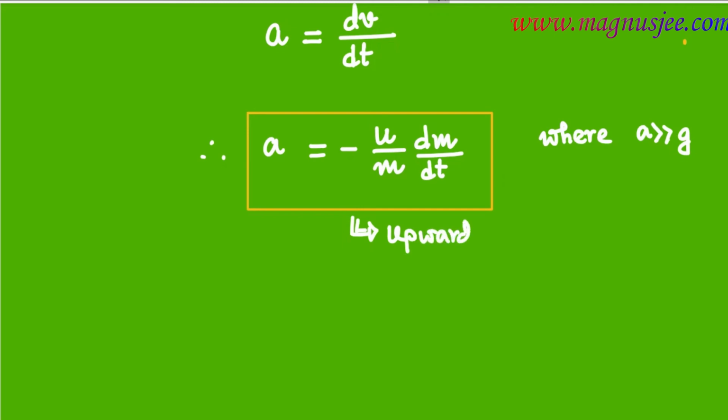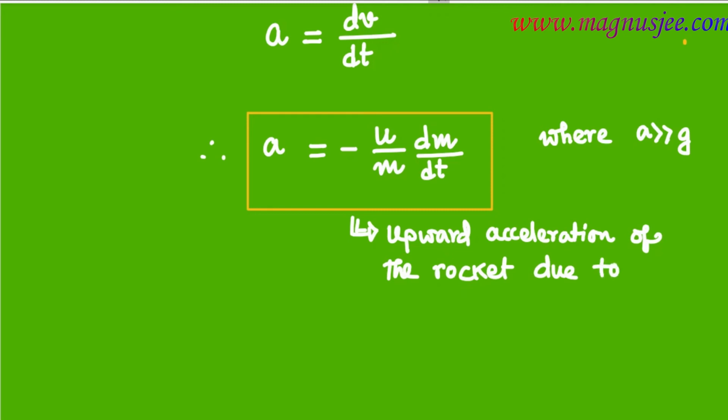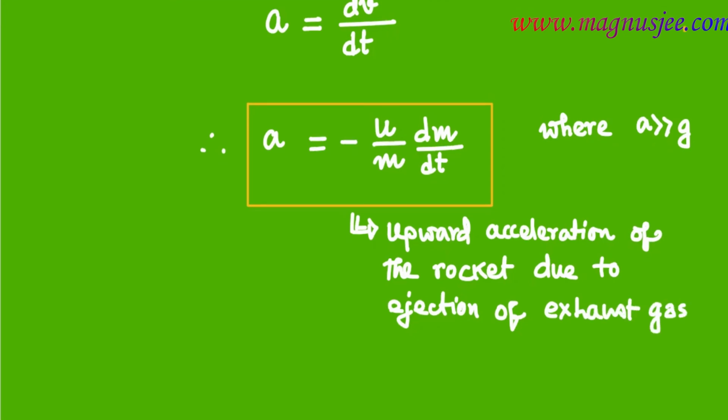This is the upward acceleration of the rocket due to ejection of exhaust gases of mass dm in the small interval of time dt.